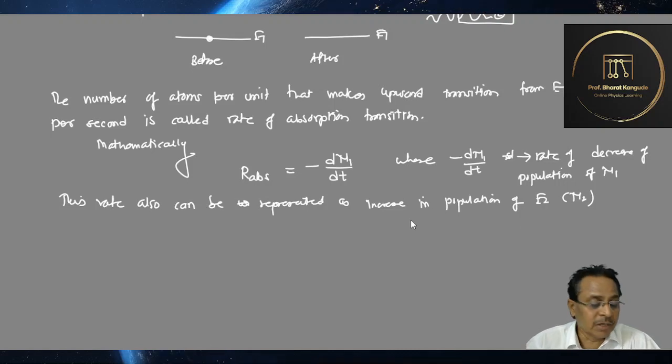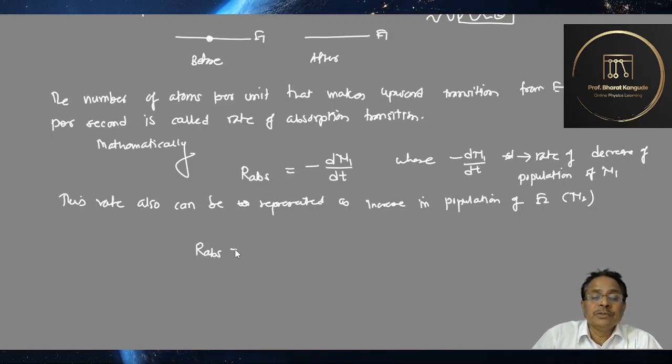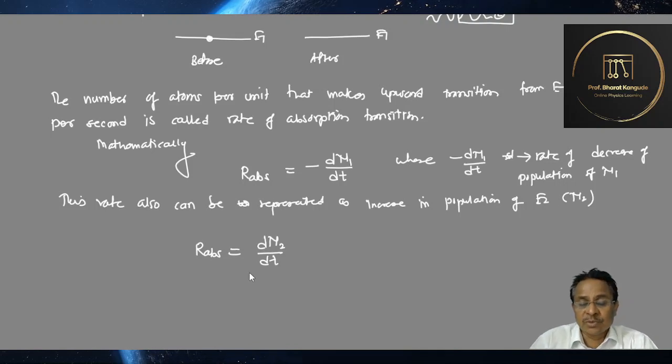Therefore I can write another equation: R absorption is equal to dN2 upon dt, because of this process the population of E2 increases, and that's why it is positive, and that's the equation I have written.